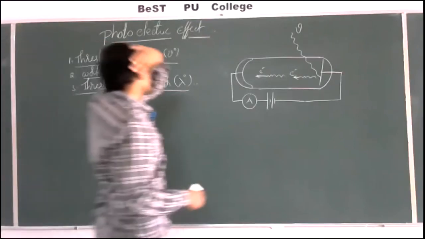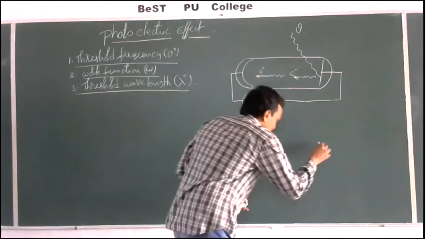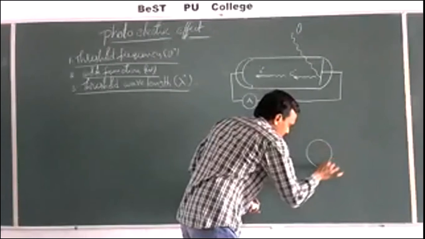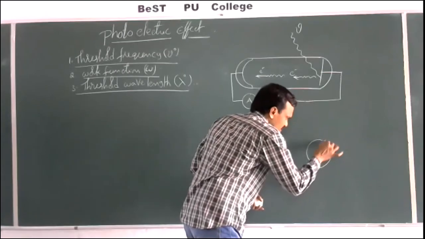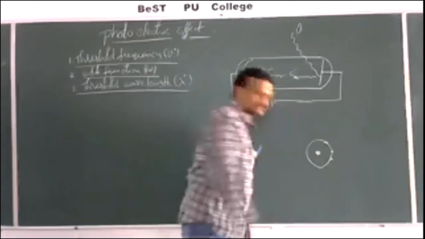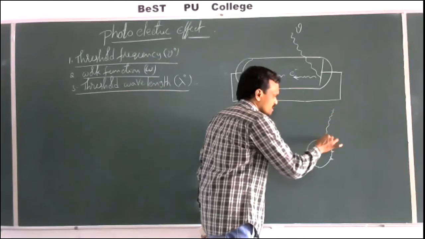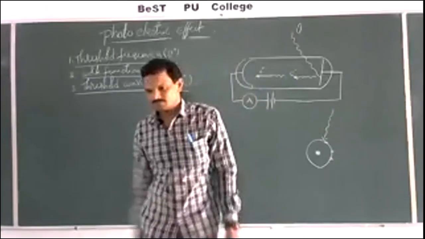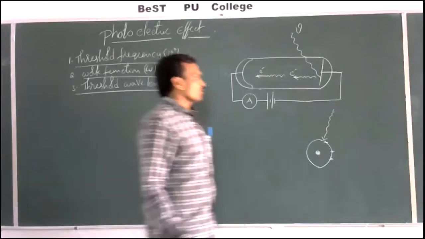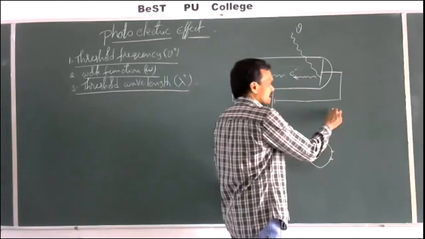Let us assume this is an atom, this is a nucleus, and here some electrons are present. When light is made to fall on this atom, what are the photons present in this light?